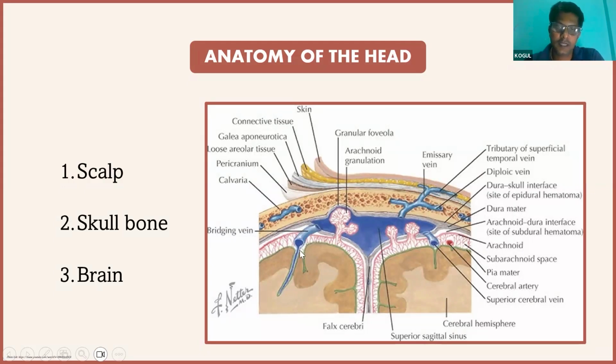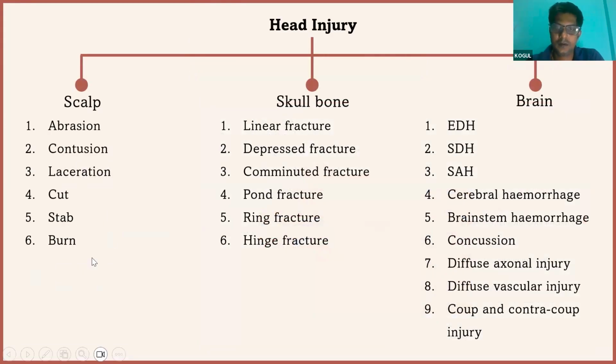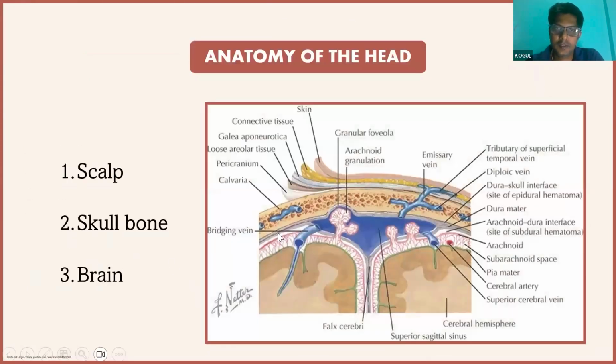Then underlying is the brain. The brain has three coverings. First is the dura. This first layer is the dural layer. It has two layers, the outer layer and the inner layer, which separate and form the dural sinus. The dura mater covers the brain and is firmly attached to the inner aspect of the skull bone.